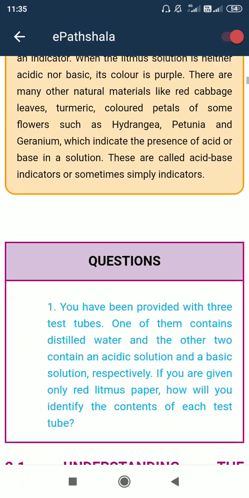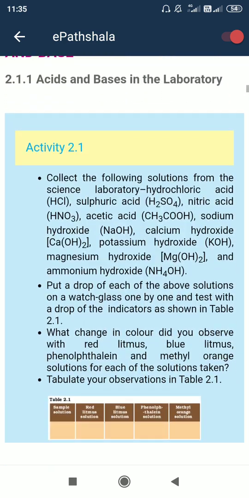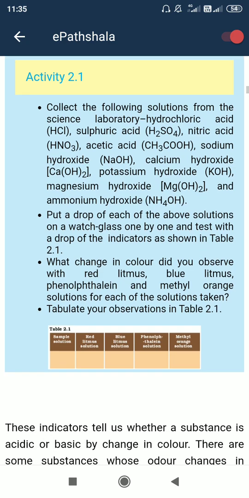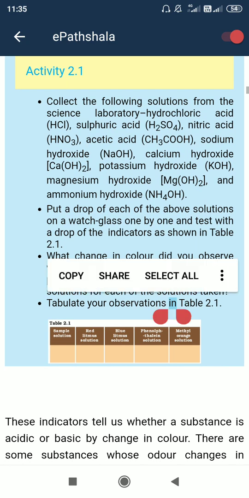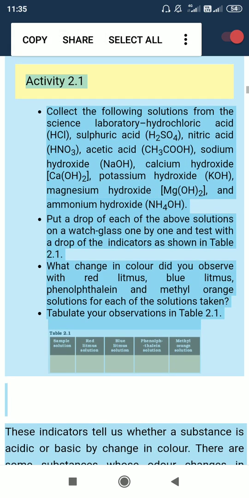Okay, so see here. Examples of acids are many, like hydrochloric acid HCl, sulfuric acid H2SO4, nitric acid HNO3, acetic acid CH3COOH.